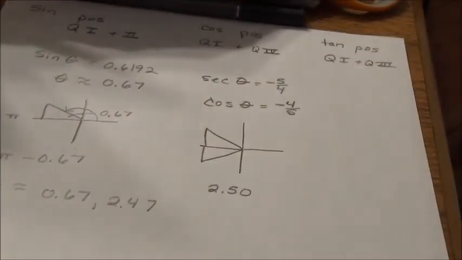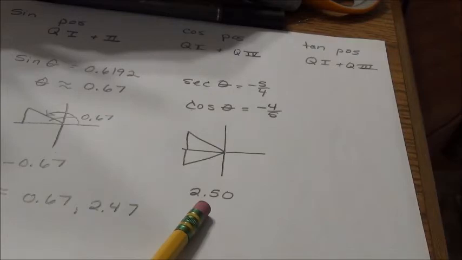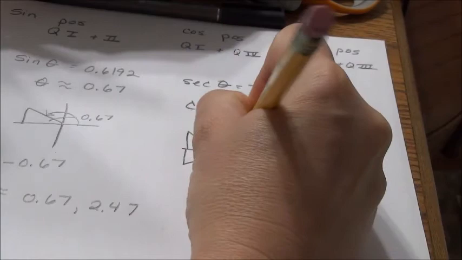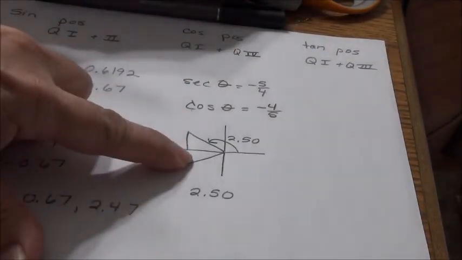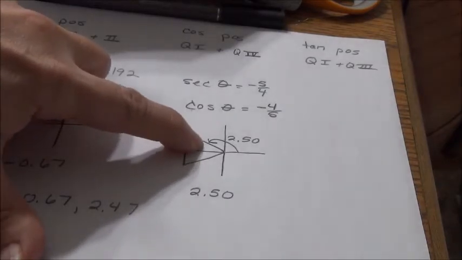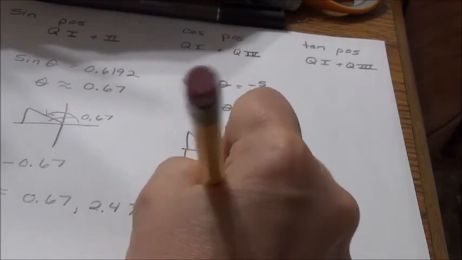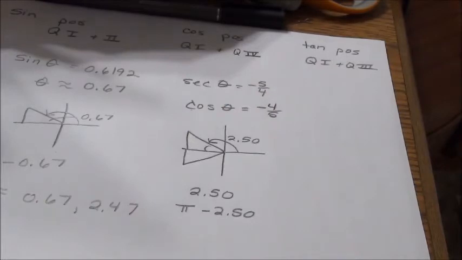I've only found one of my angles, and I need to find both of my angles. Oops, get back on my paper here. And so I have to know that this value here is less than pi, less than 3.14, which means it's the angle that goes from here to here, 2.50. What I'm going to do to find this other angle is I have to find out how big my reference angle inside here is. So I'm going to take the pi and subtract my 2.50 so I can figure out how big this angle inside here is.